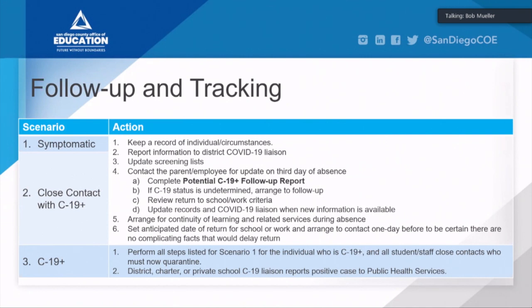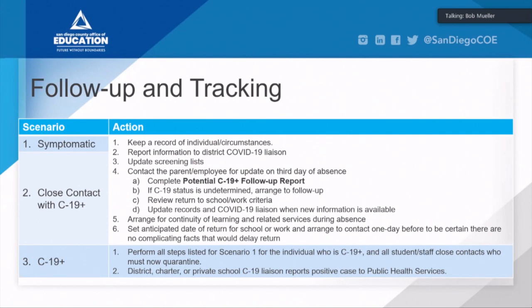We need to update our screening list, because if there are people that we have said you can't come to school, we need to make sure that the people responsible for screening are making sure that they don't just suddenly show up. We will need to contact either the parent or the employee to update our information at least by the third date of that person's absence.